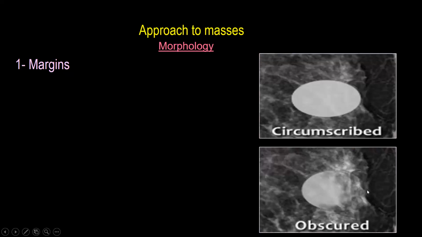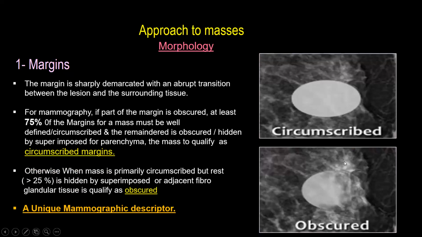So to call it obscured, if more than 25% of the mass is obscured by the parenchyma, then you will call it circumscribed partially obscured. Okay? And this is a unique mammographic descriptor. It's not used for MRI or for ultrasound. Used only as a descriptor for mammography masses.